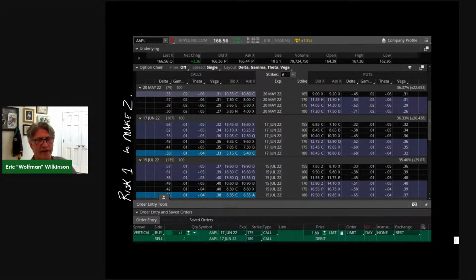So basically, $10 wide, you want to risk $3.33 to make $6.67, right? So try to risk one to make two. I'm a little off on this one being $5 wide, right? I probably should be a little bit cheaper, but it's just not working out that way today. But I am very close to it, so I'm willing to go with it.